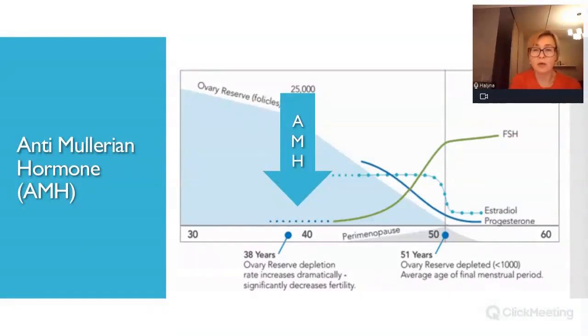So yesterday it was okay, and today it may be absolutely out of the normal range. So it is difficult to understand the moment when we start to really lose our eggs with FSH. The same with estradiol and progesterone: normal, normal, normal, and then when we mostly have menopause, they drop down. With the AMH level, we can see that this curve decreases progressively, and it permits measuring the situation at the moment.